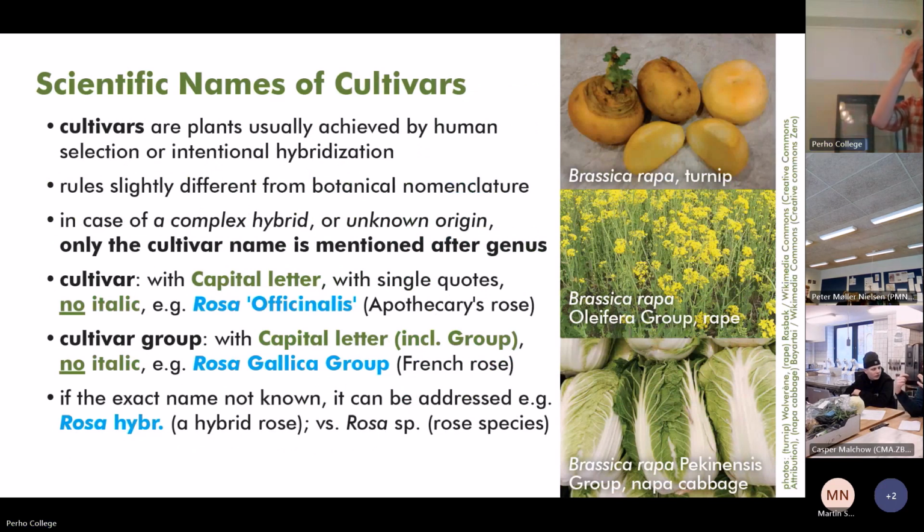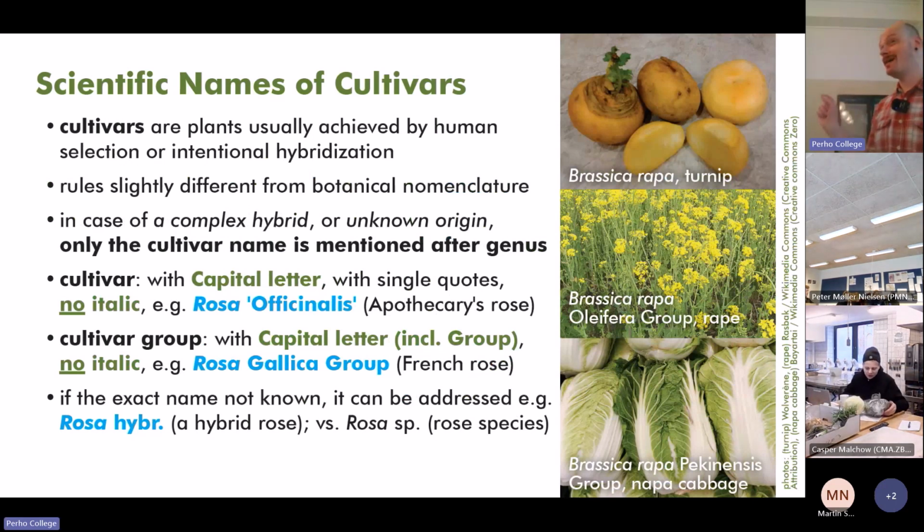Then something about cultivars, that we're especially interested in here. We should talk about cultivars as a term. Cultivars are plants that are usually achieved by human selection or by intentional hybridization.